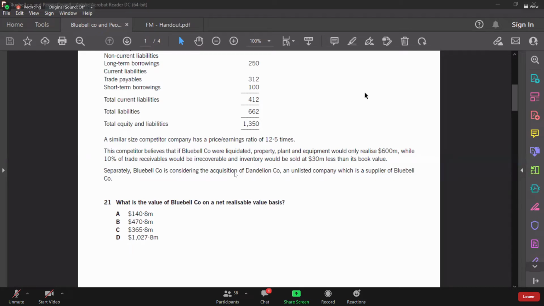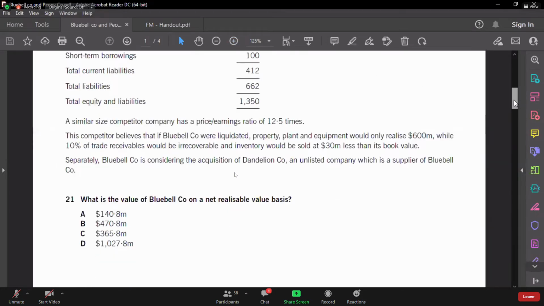Yes, Khatija, now you've got the right answer. So C is the right answer, everyone. Next question.